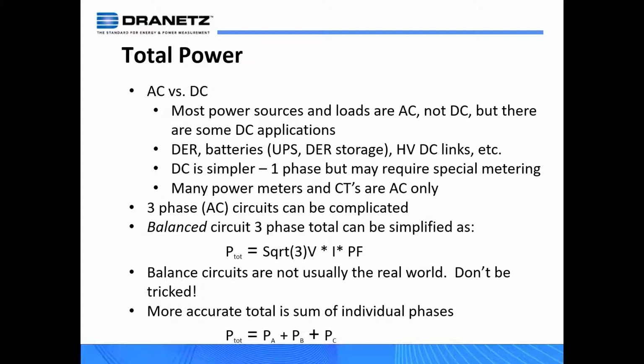An example of that may be a Hall effect CT. Most of the CTs out there, Rogowski coils, split cores, solid cores, are AC only. So as a little hint, make sure you have the appropriate metering, accessories and transducers if you intend to monitor DC.